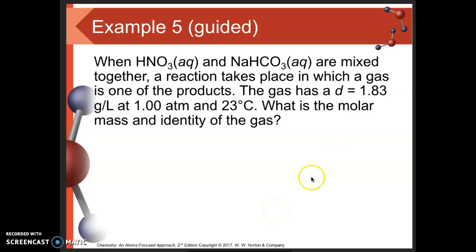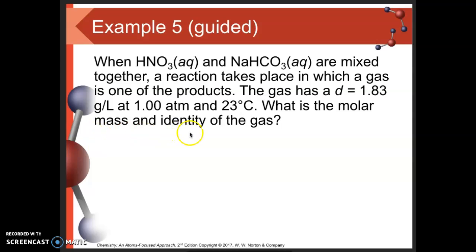Now this kind of problem is actually going to ask us to go in the reverse. We're given a density, 1.83 grams per liter. We're given some pressure and temperature conditions. What we need to know is, what is the molar mass and the identity of this gas that comes when nitric acid and sodium bicarbonate mix together?